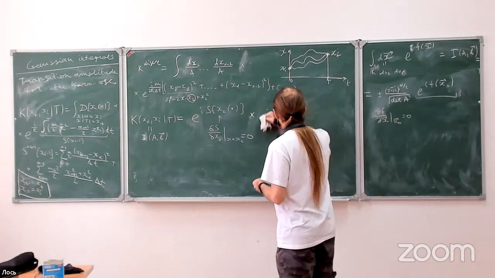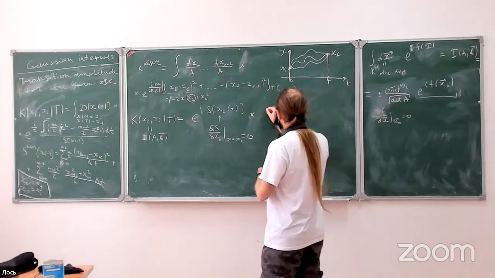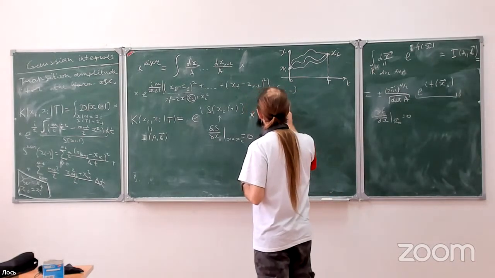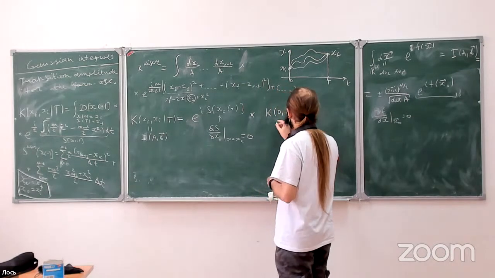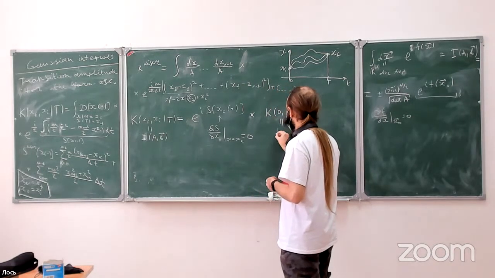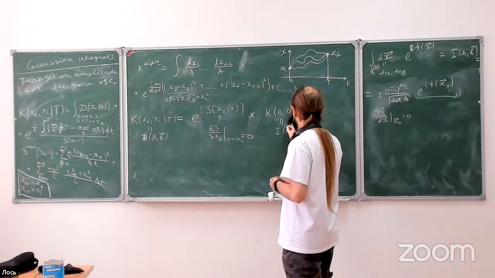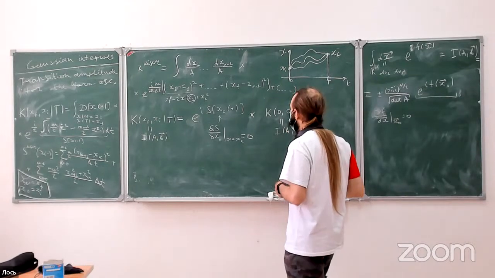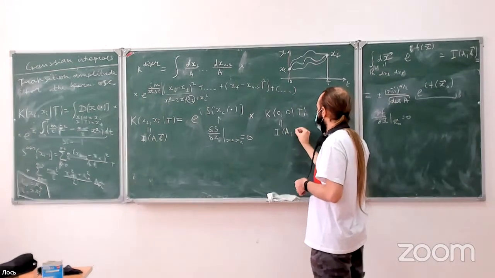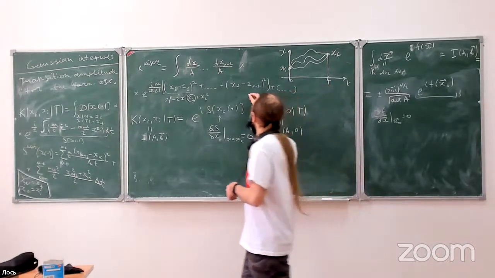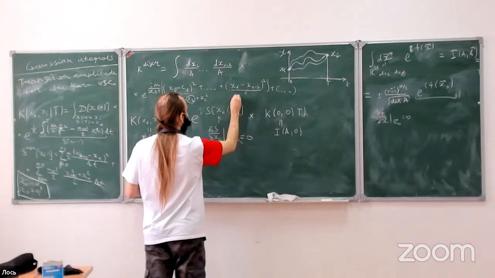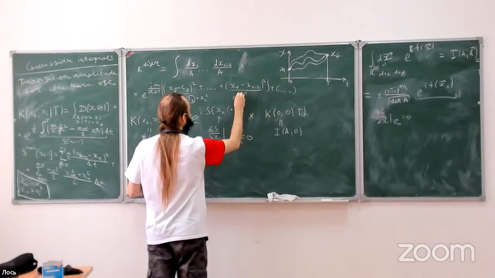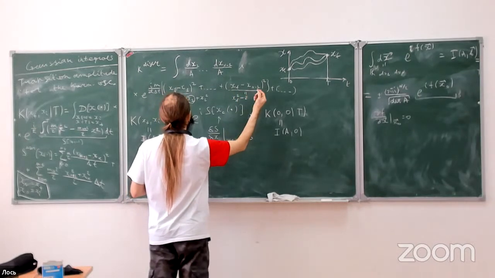Let me write here this transition amplitude for 0, 0, and t. And this is precisely what is I of a and 0. So remind that here we have this square.